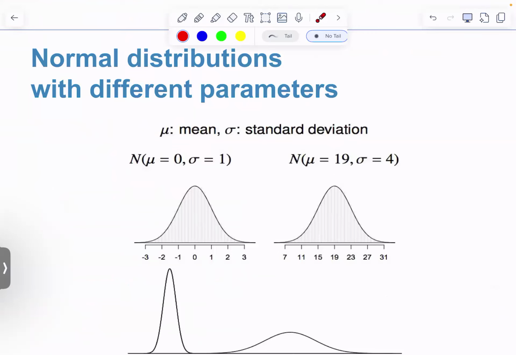So these, the mu and the sigma. If I have a normal distribution with a generic mean mu and a standard deviation sigma, that mu and sigma, they're called parameters, right? Parameters we introduced as measurements from the population.